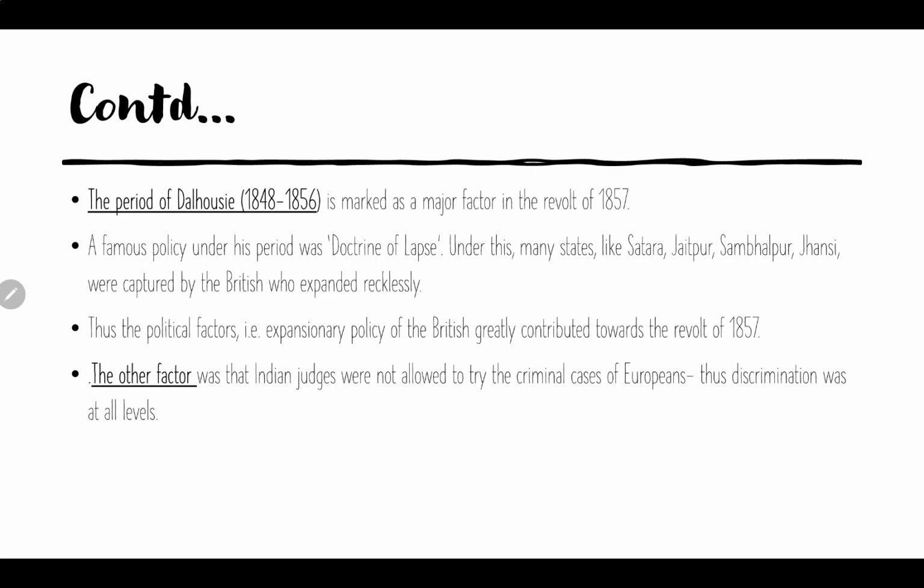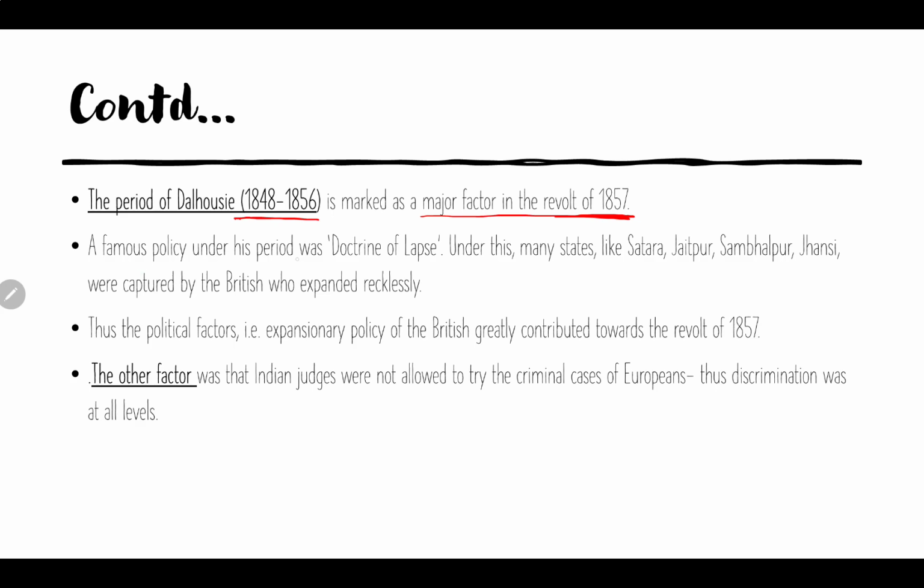The period of Dalhousie, 1848 to 1856, is marked as a major factor of the revolt in 1857. That period was considered one of the important factors that aided 1857.